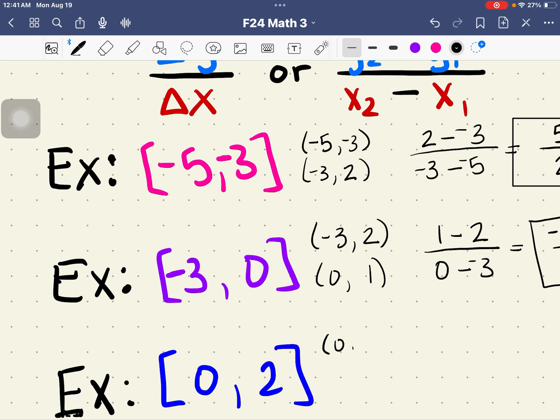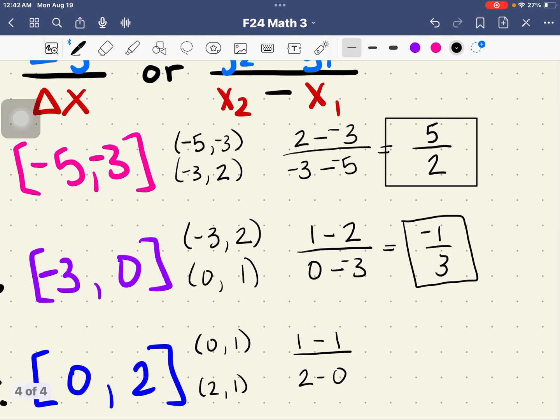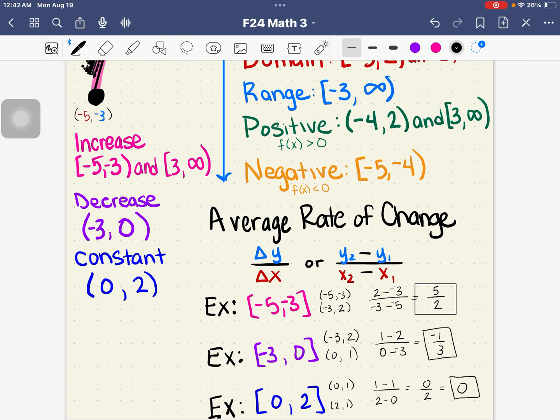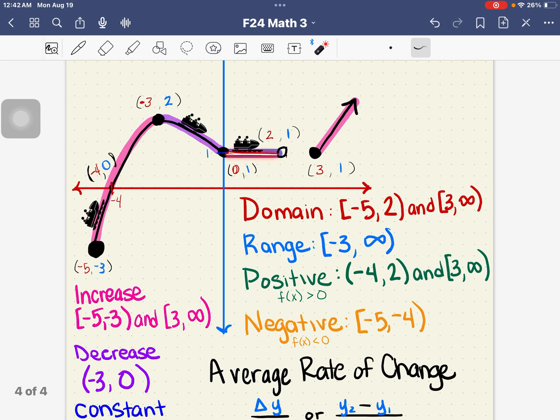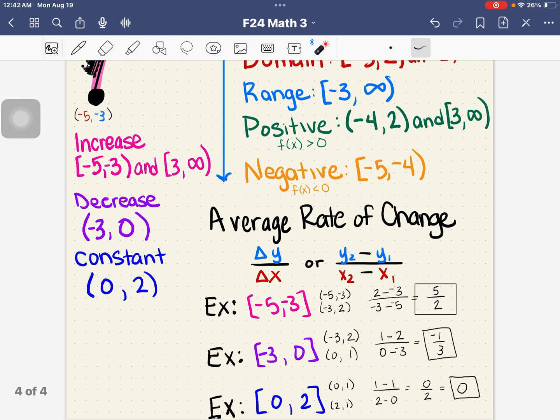We take our second y value, subtract our first y value, take our second x value, subtract our first x value, and we get 1 minus 1 is 0 over 2, and 0 divided by 2 reduces to 0. So notice that when the graph is constant, there's no up or down motion happening, the rate of change is 0.